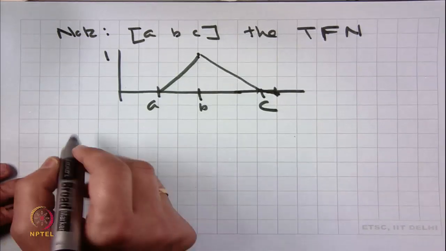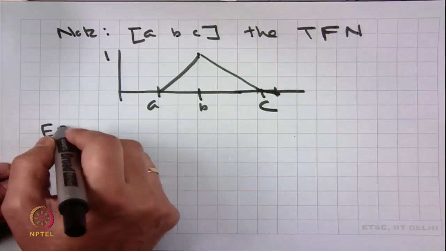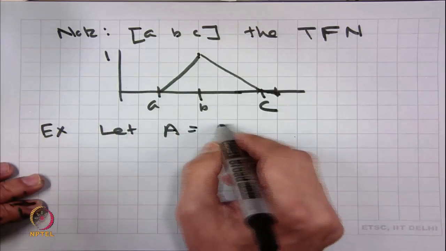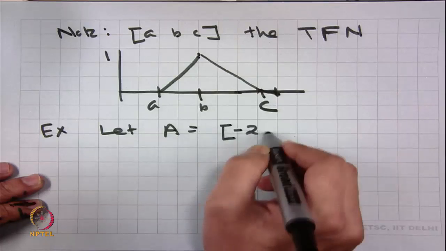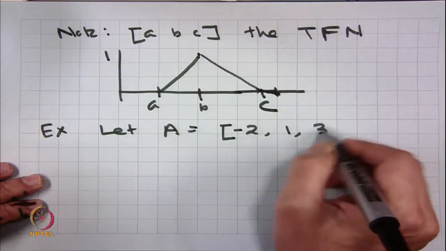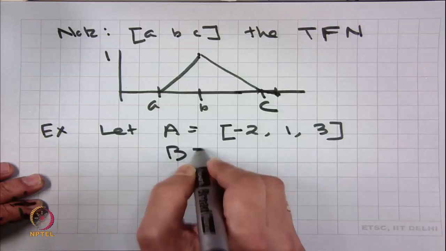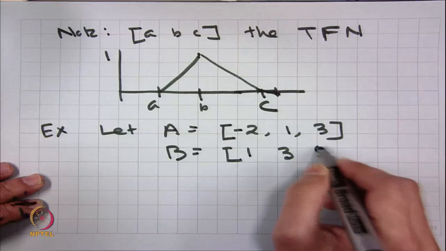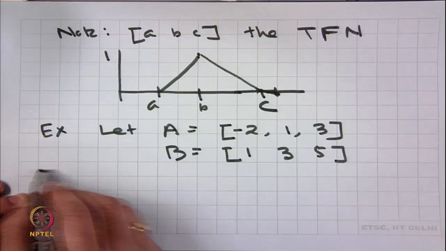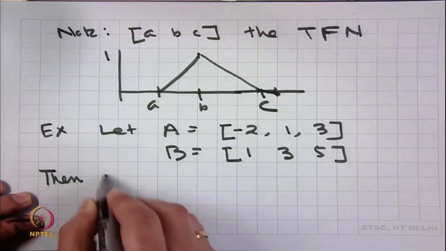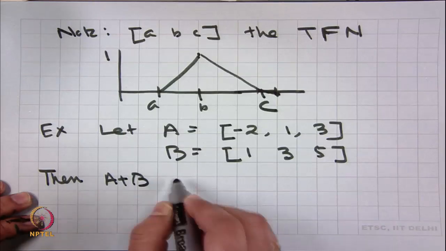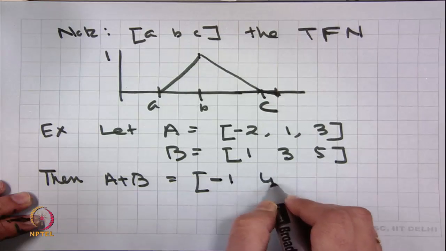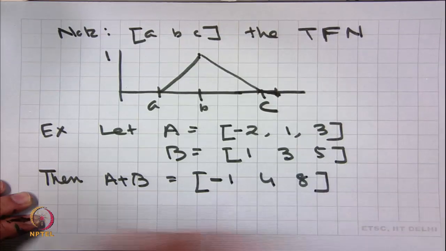So, for example, let A be (-2, 1, 3) and B be (1, 3, 5), then A plus B is actually the triangular fuzzy number (-1, 4, 8).